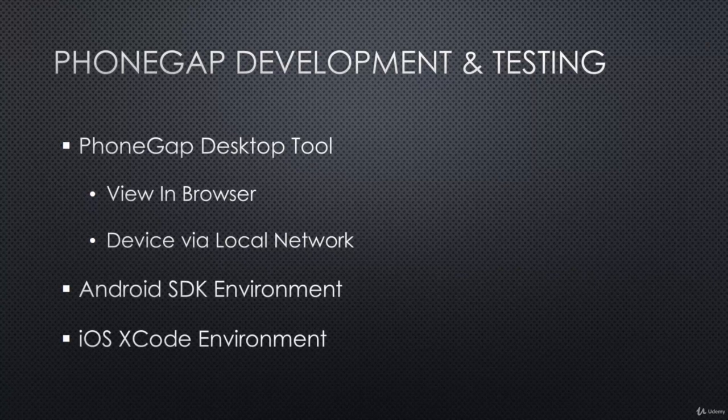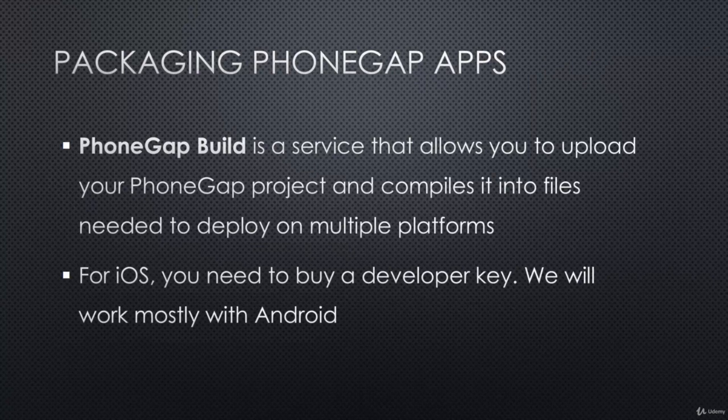Alright, so once your PhoneGap application is complete and you want to package it up for an actual device, you can use a service called PhoneGap Build by Adobe. You can go to the website, you can upload a zip file with your application, and it'll package it up into the files needed to deploy it on an actual device in multiple platforms.